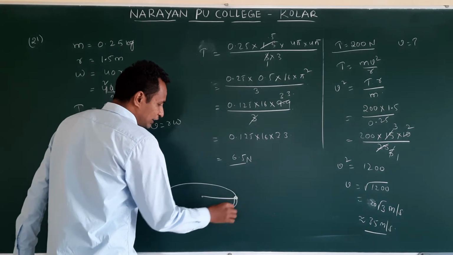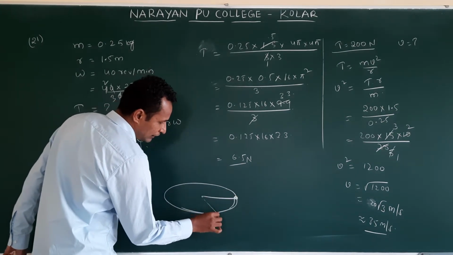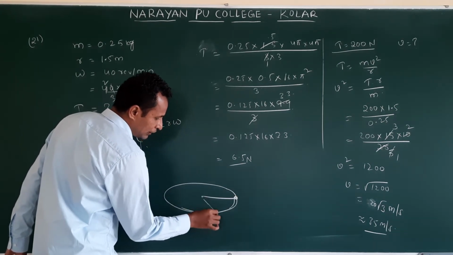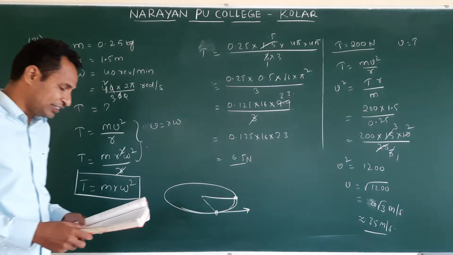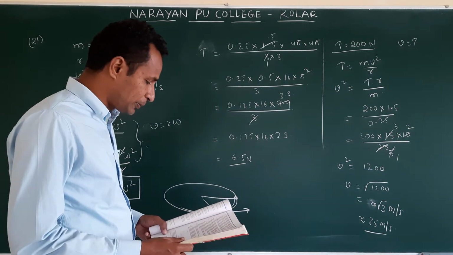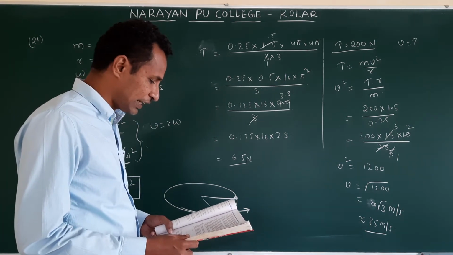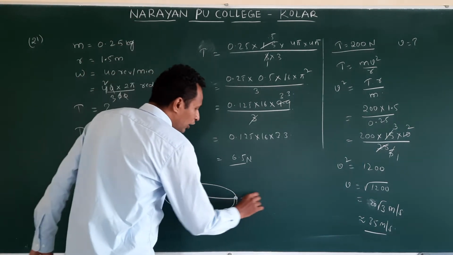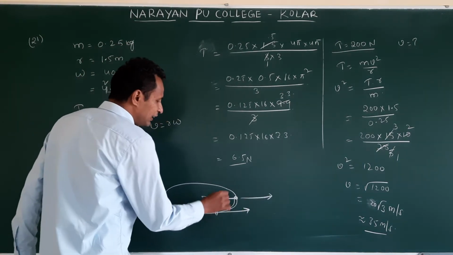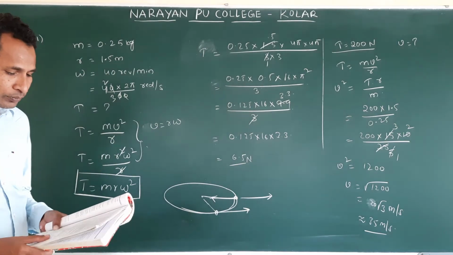How do you get velocity? Suppose when the stone is here, if it breaks, then it follows the velocity direction, tangent to its path. Option B is correct. The stone flies off tangentially from the instant the string breaks. It will not move radially outwards or radially inwards.